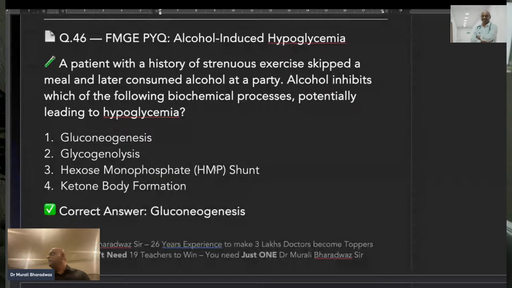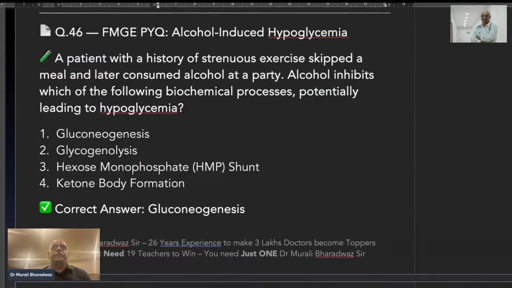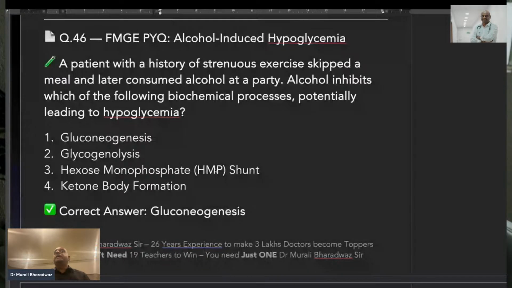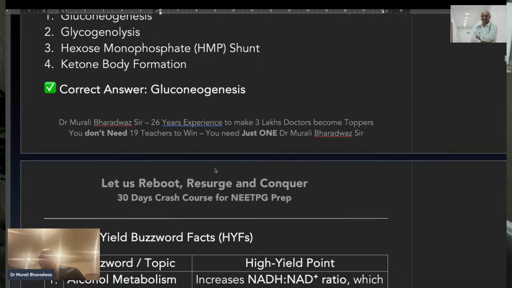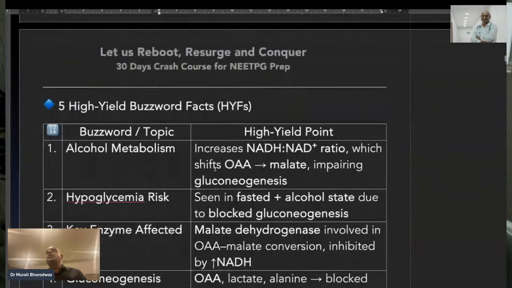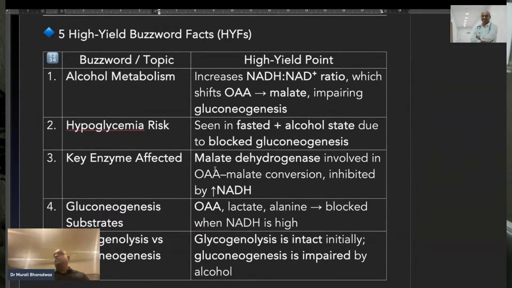A patient with a history of strenuous exercise skipped a meal and later consumed alcohol. Alcohol inhibits which biochemical process that leads to hypoglycemia? Alcohol inhibits gluconeogenesis.